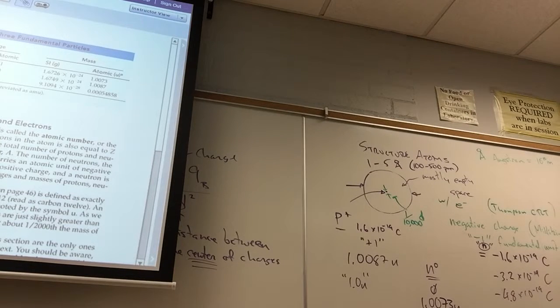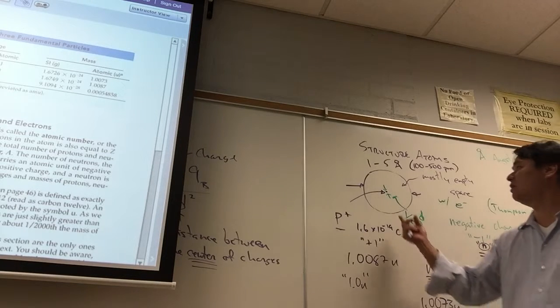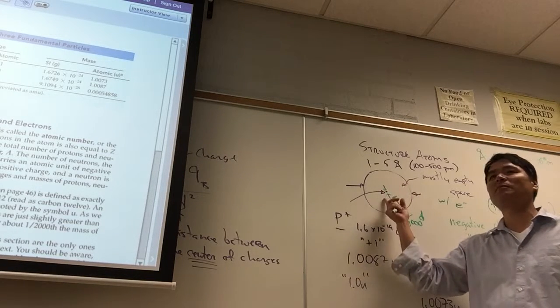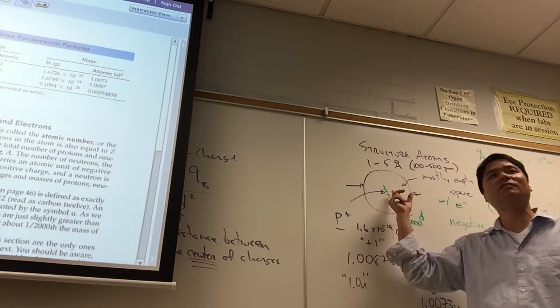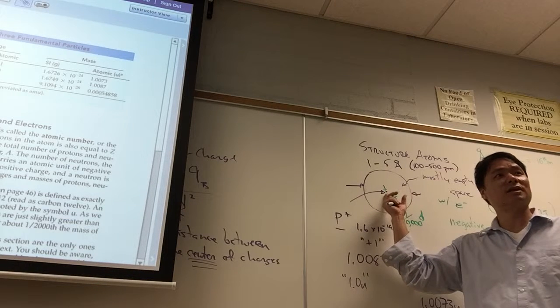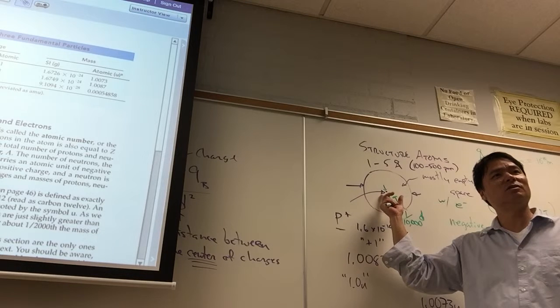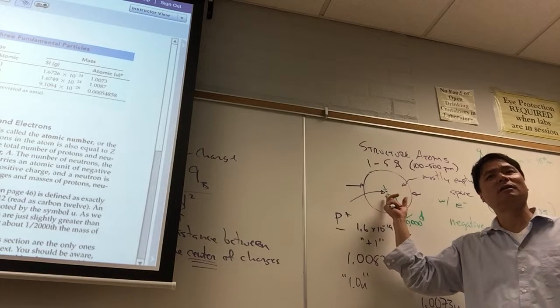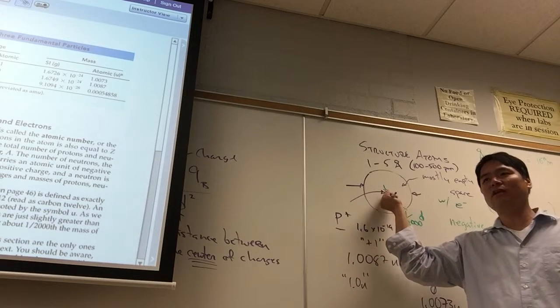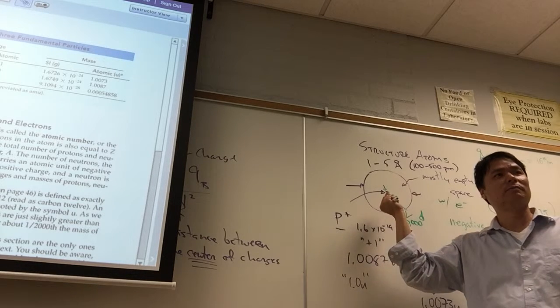And so the density of a gold atom is actually a lot higher than 20. But then I look, well, a gold atom is mostly empty space. If I measure the density of a gold nucleus, then it would be a lot higher because it's a tiny volume with all the mass.